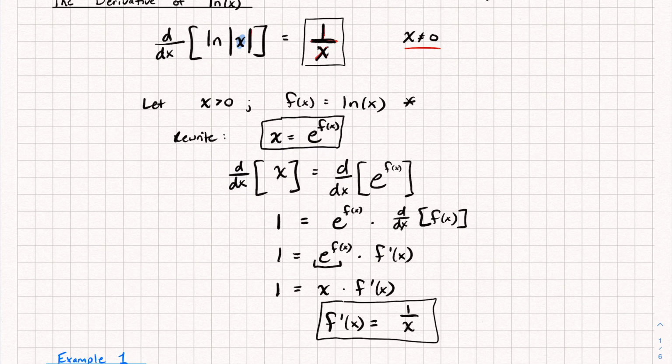Now this proof, if you remember, is focusing just on values x greater than 0. The definition says that we're also letting x be negative. So if I needed to prove this another way, letting x be less than 0, we need a way to go through and do that. And so I'm going to leave that up. It's a problem in the textbook. If you want to take a look at that further proof, go for it. It's optional. It's not really relevant to the calculus that we're going through.